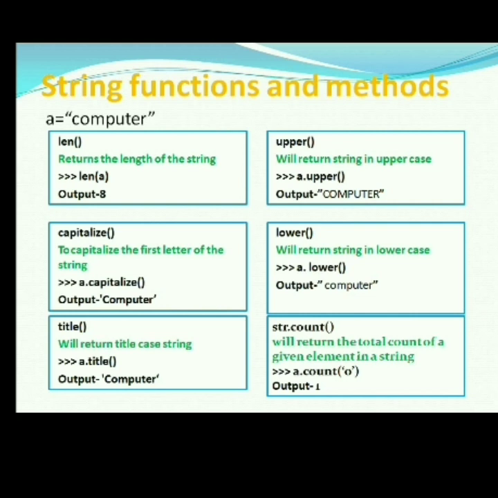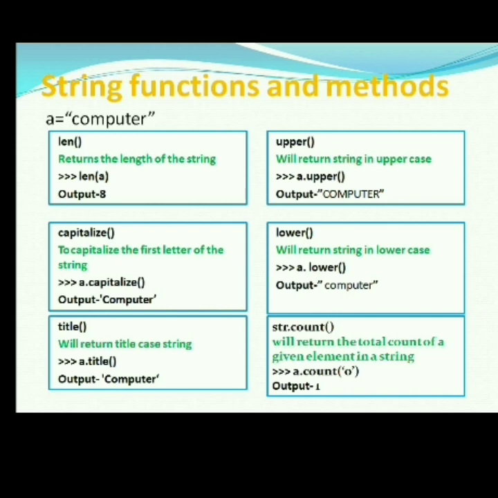The count function will count the given element in a string. Here a.count('o') will give 1 because in computer only one o is there. The count function also counts the number of occurrences of a substring in a string.